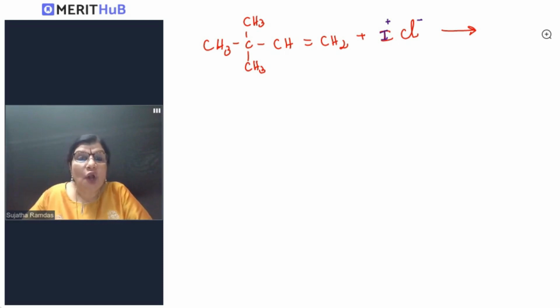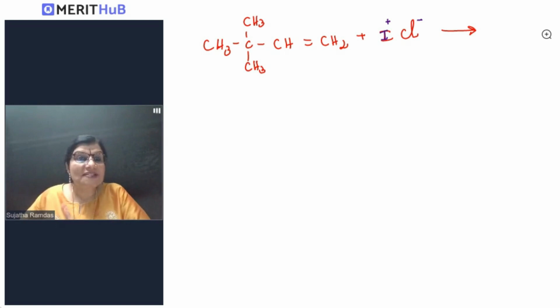Now according to Markovnikov's rule, when an asymmetrical reagent adds on to an asymmetrical alkene, the positive part of the reagent will get added to that carbon atom which is attached to more number of hydrogens, or that carbon atom which is least substituted, resulting in the formation of a carbocation.